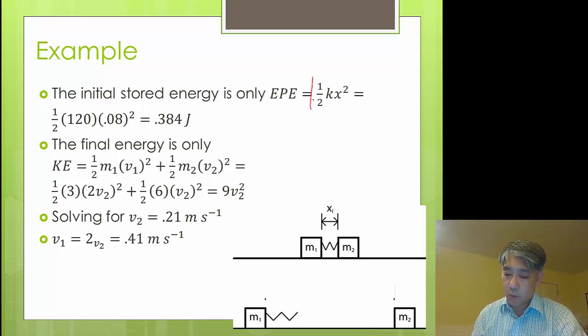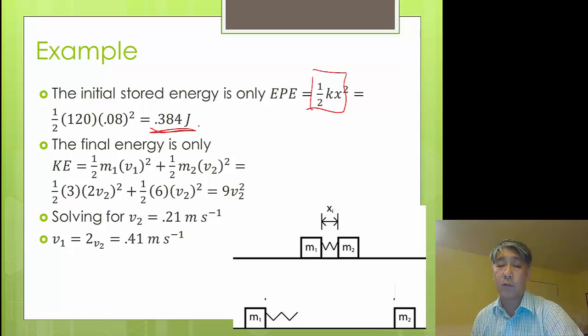Going through the calculations, how much energy do I begin with? I have only 1/2 kx squared, only the elastic potential energy, or about 0.384 joules. At the end, I have two kinetic energies, 1/2 m1v1 squared and 1/2 m2v2 squared.